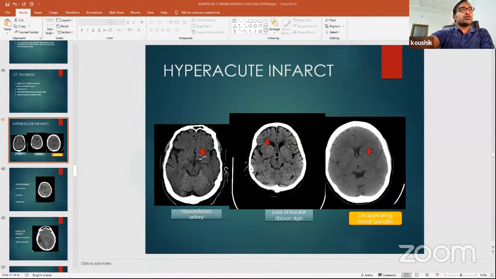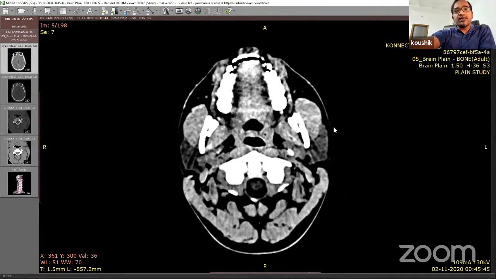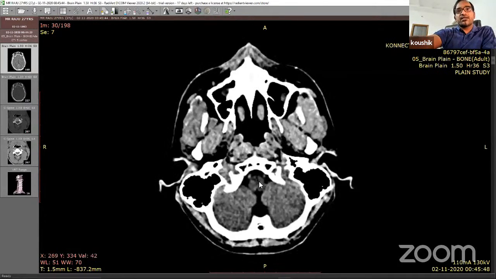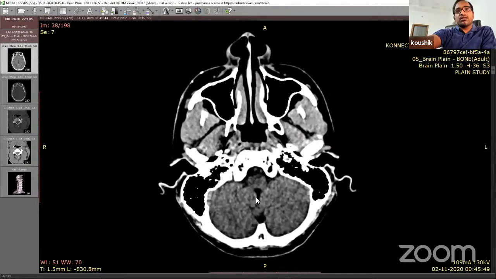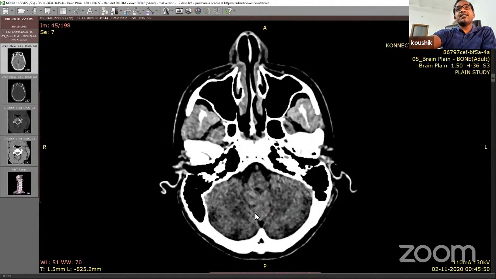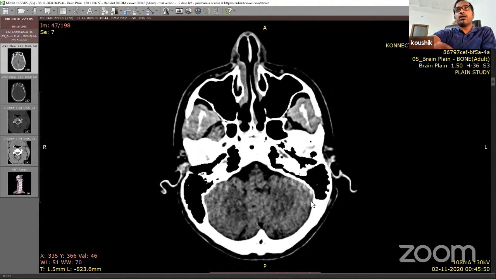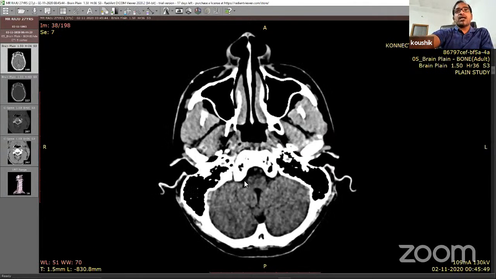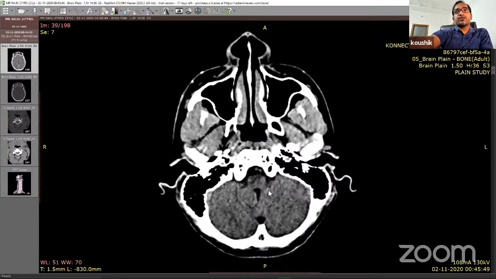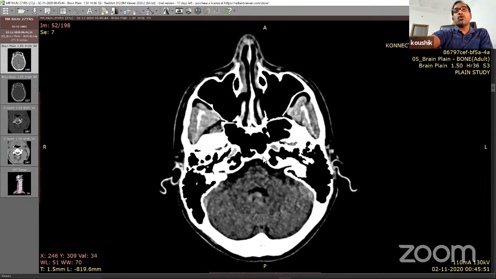Because in the posterior fossa, just a minute, I'll open that. If you see here, this is the brainstem. The brainstem will not be clearly seen even with a 128-slice CT, because it is surrounded by nearby bones, which cause bone hardening artifact.